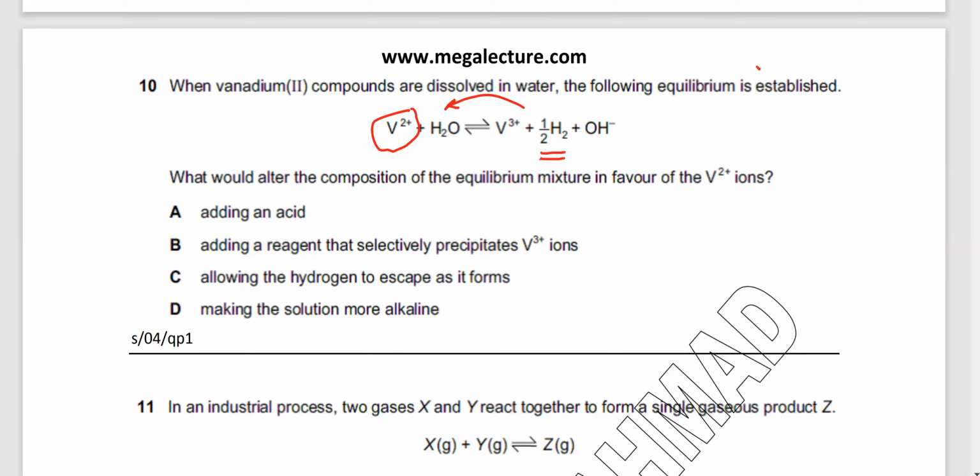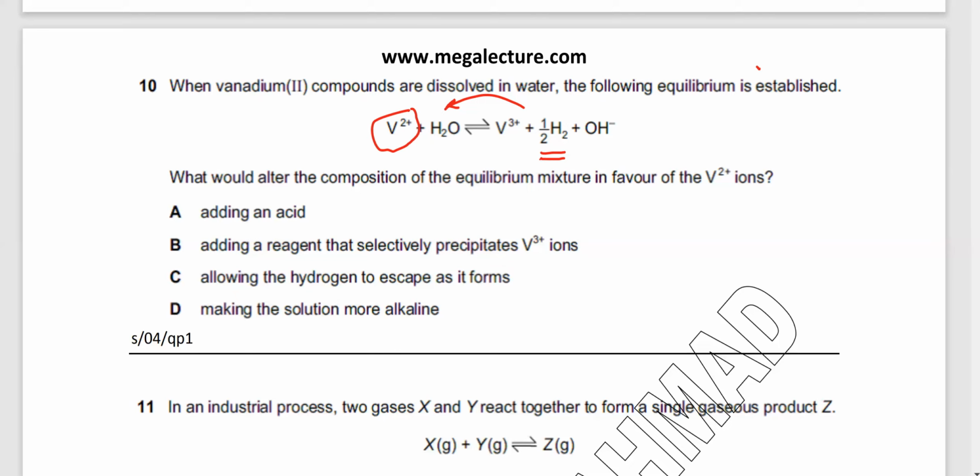And if you make it more alkaline, it's going to try and reduce the amount of OH on the right by adding more on the left. So that's the right one, right?